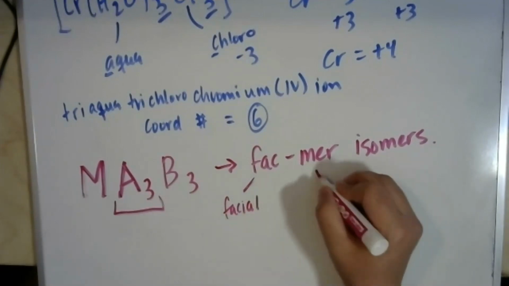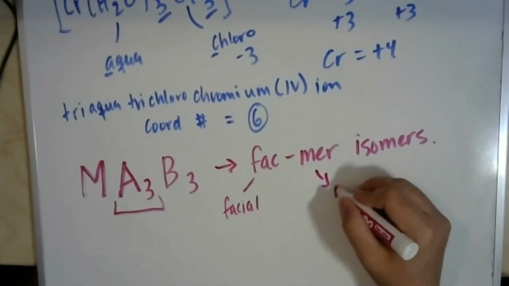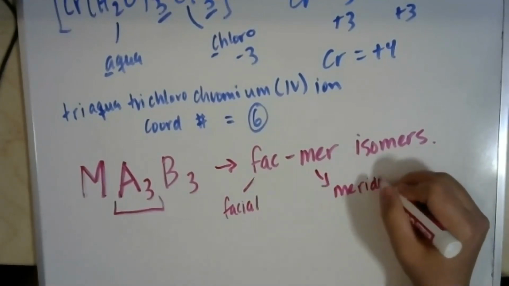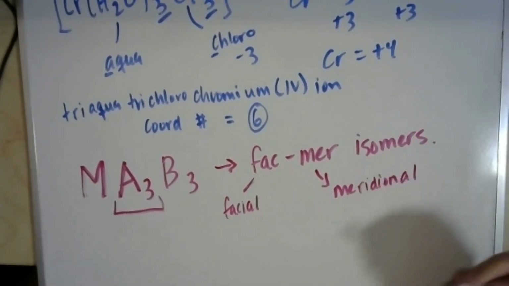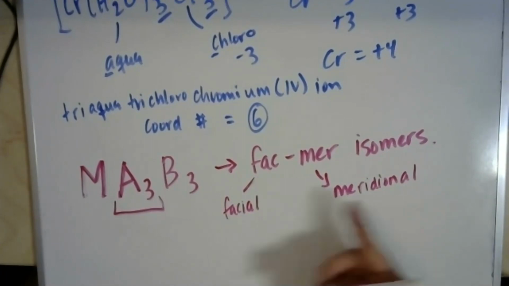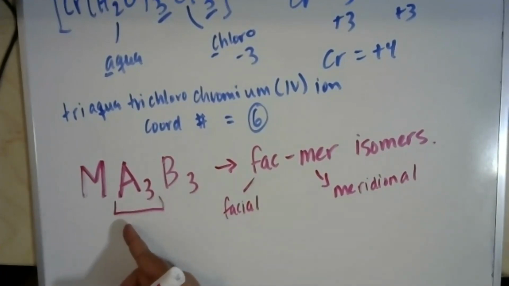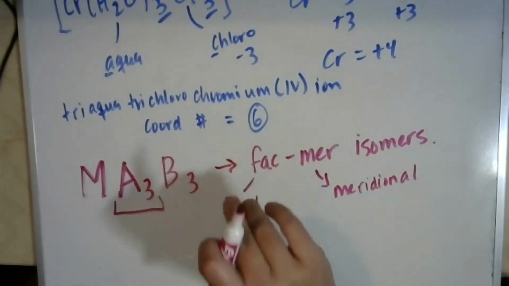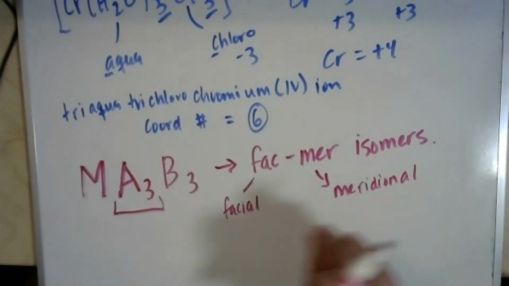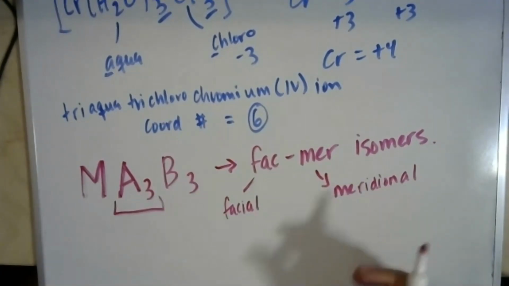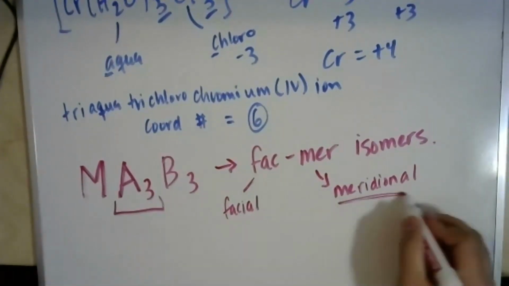The mer stands for meridian or meridional or something. In this version of the isomer, 3 of your ligands make almost an arc around the middle. And that's where the meridian term comes from.